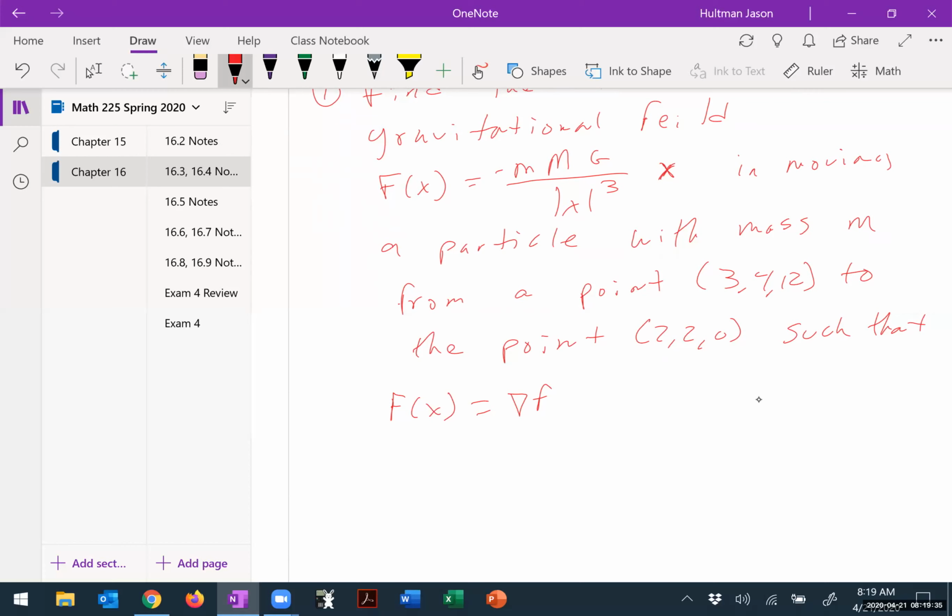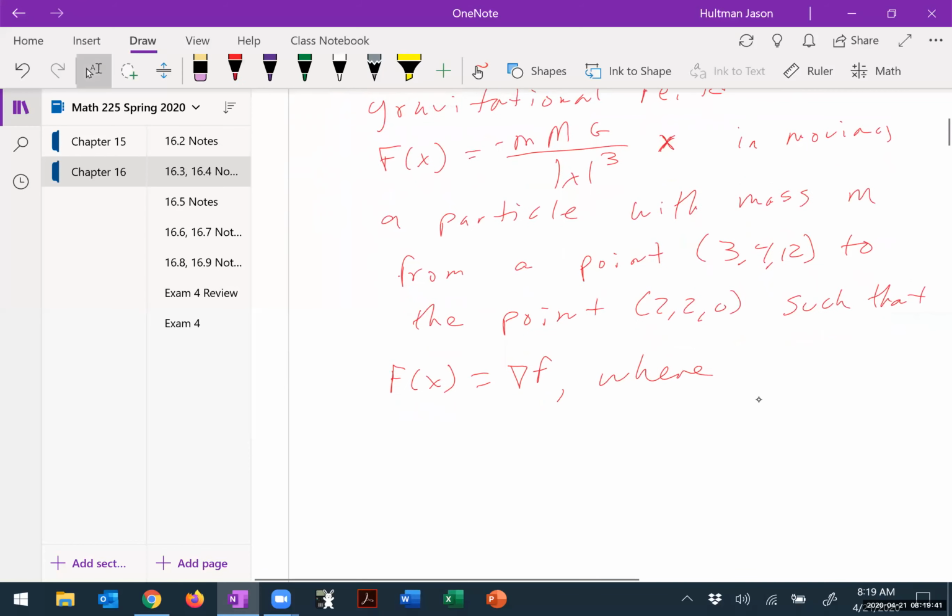Del of f, where lowercase f, or my parent function, is equal to mMG over the distance, the square root of x squared plus y squared plus z squared.